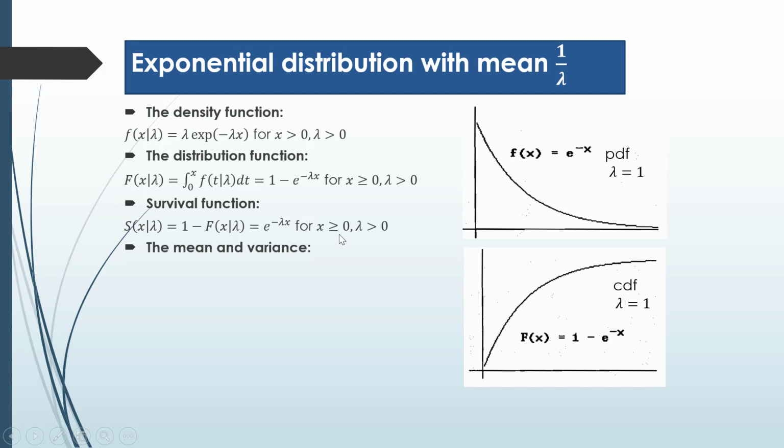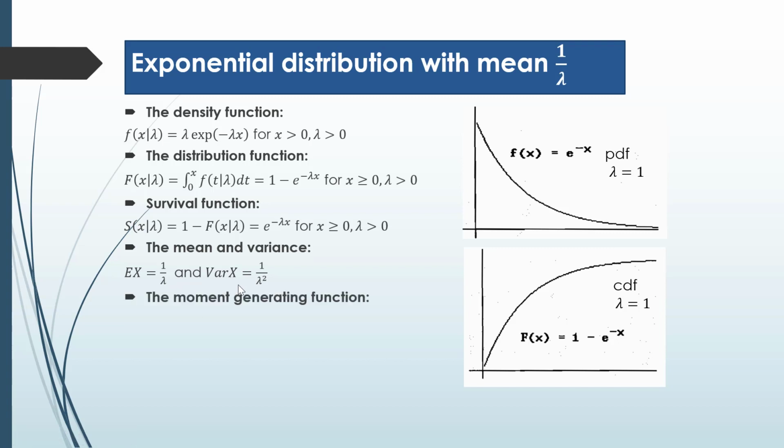The mean and variance: in this case, the expected value of x is 1 over lambda, and the variance of x is 1 over lambda squared. These two can be proved by integrating from 0 to infinity of x times f of x, and the variance of x is E of x squared minus (E of x) squared. So just use the old method to prove these two.